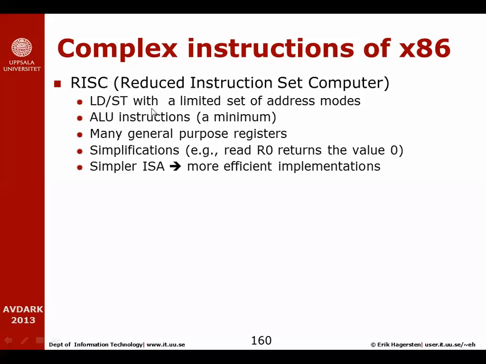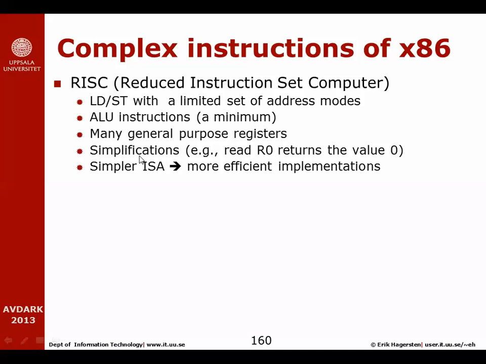So either you accessed memory using load or store, or you had an ALU instruction that only dealt with registers, but you never had a mixture of accessing memory and doing ALU instructions in the same instruction. Also, the RISC instructions only had, or almost only had, general purpose registers. So there were no special magic registers that were only used for some funny little address mode.